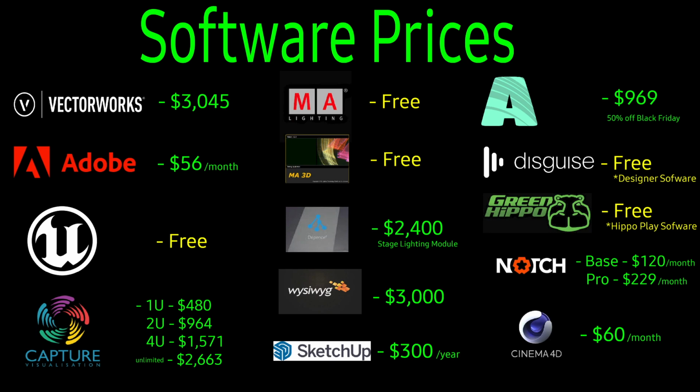They want people to be fluent on their product so that they can recommend their product to bigger shows, and ultimately everyone makes more money. That's why MA is free. That's why Disguise and Green Hippo is free, in my opinion. I don't know these people at any of the manufacturers, but that would be my guess, is they want you to know this software, and they want you to be using it on shows, and ultimately it just makes them more money in the long run.